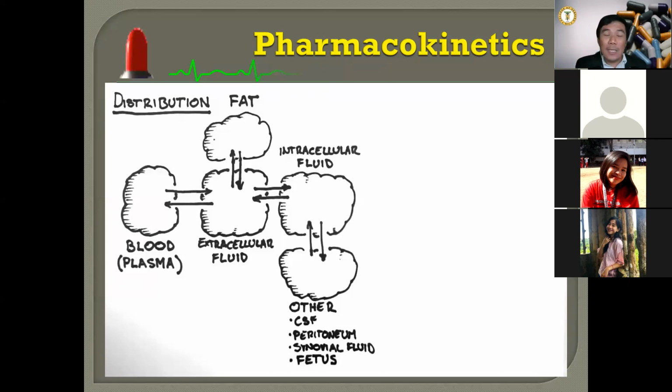Now, on the mechanism of distribution, if you have seen the arrows going through and back, simply because the drug could be in any of these compartments based on its indication.